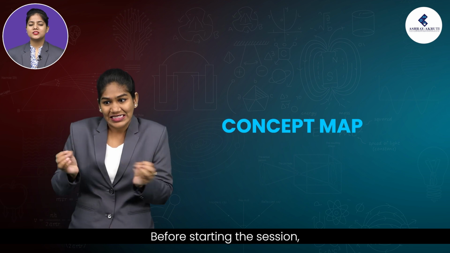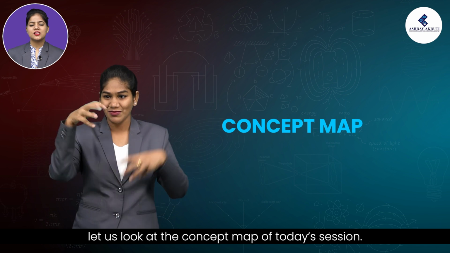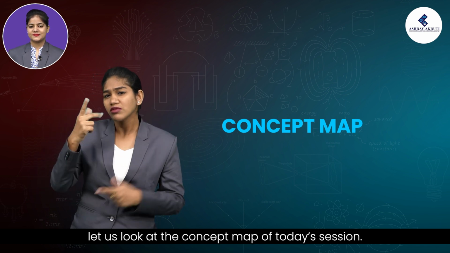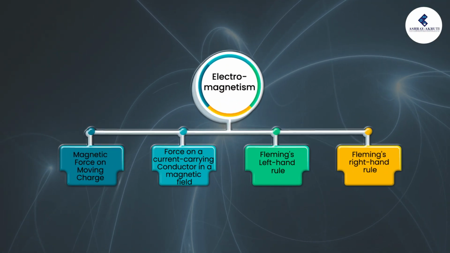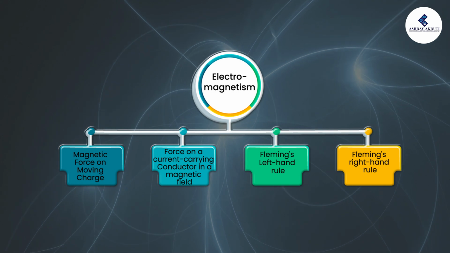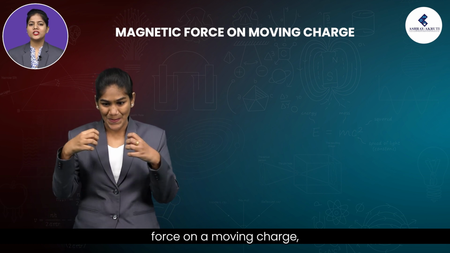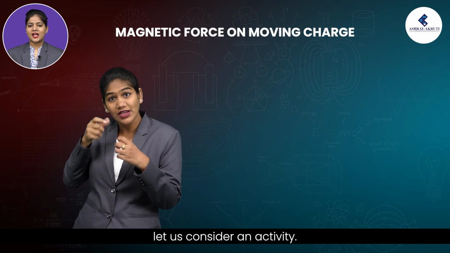Before starting this session, let us look at the concept map of today's session. To understand the concept of the magnetic force on a moving charge, let us consider an activity.